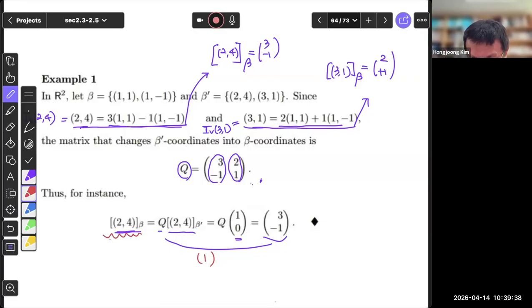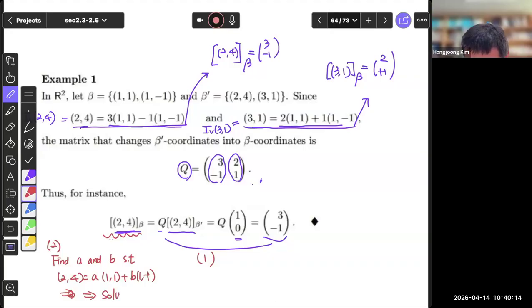Then you need to find A and B, right? For path 2, you need to find A and B such that (2, 4) equals A times the first vector in beta plus B times (1, -1). In other words, you need to solve A + B = 2 and A - B = 4.